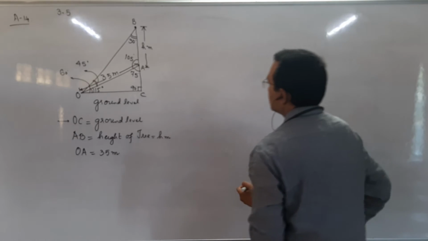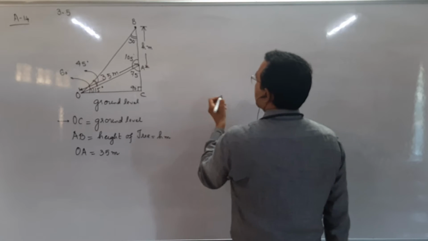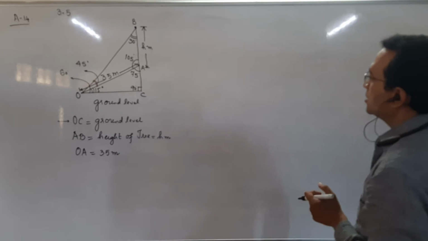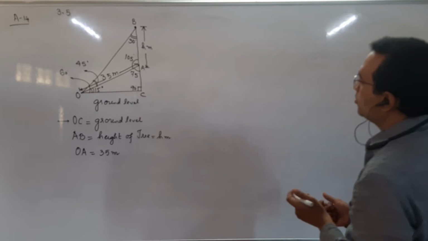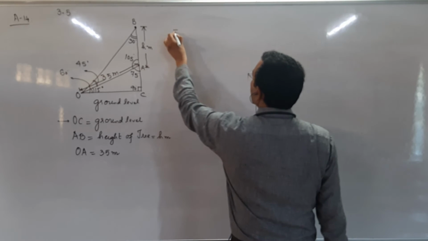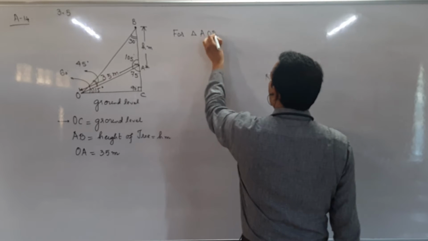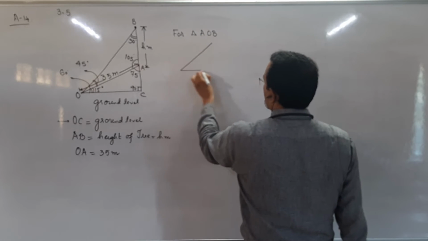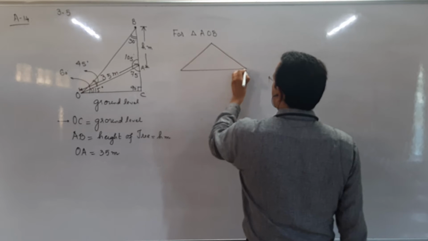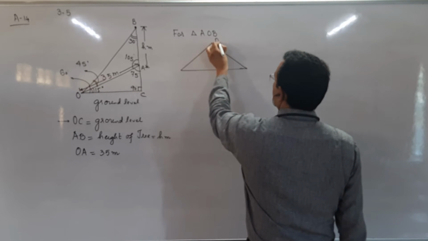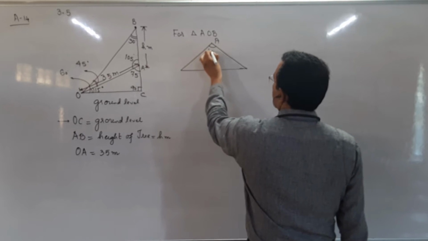Then students, let us show this triangle AOB separately. So this is vertex A, this angle is 105.